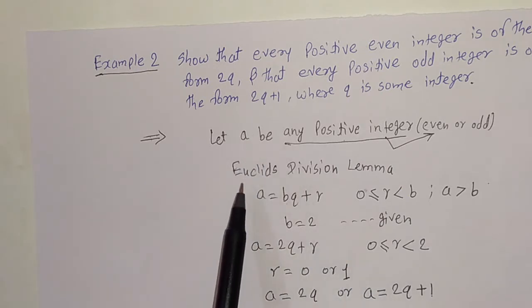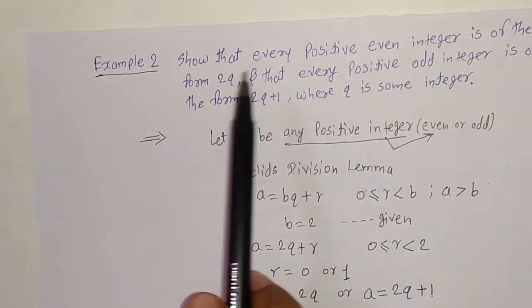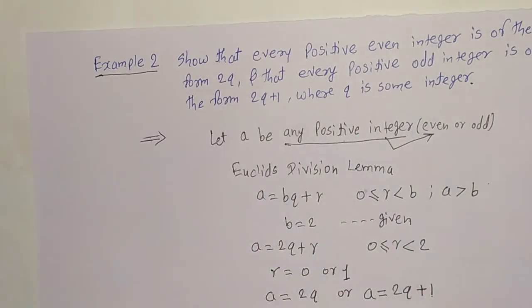What is mentioned here is that every positive even integer has to be of the form 2q. It is obvious that if you multiply any number by 2, the resultant product will be an even number. So a has to be an even number, because we multiply the value of q by 2.